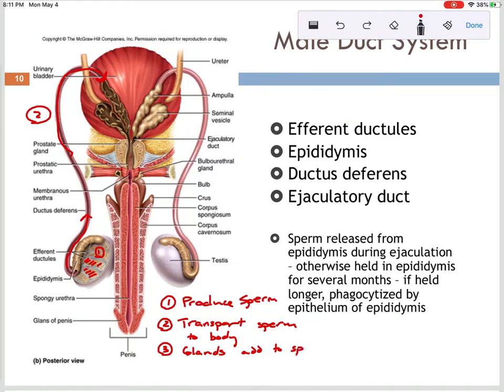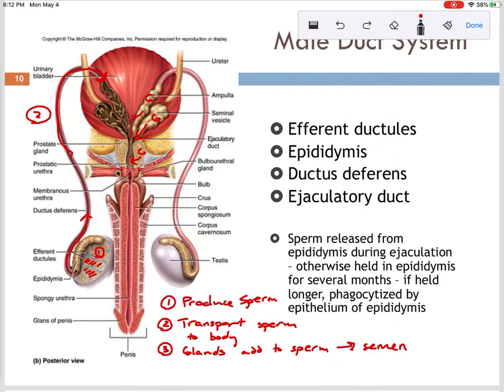Let me just step ahead for a moment. What we're going to talk about is the third function, is that we have glands. We're going to talk about 3 glands that add to the sperm to produce semen. So we're going to talk about a series of glands. There's one gland here, they're paired.